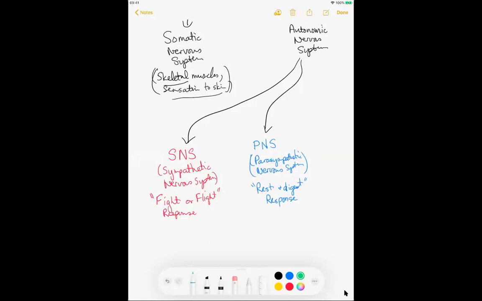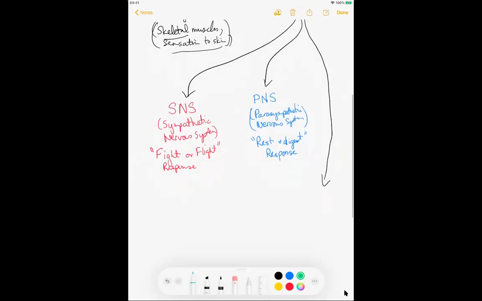Well, there's a third arm of this autonomic nervous system. And this third arm of the autonomic nervous system is the enteric nervous system. And this enteric nervous system controls GI function. Interestingly enough, the enteric nervous system can actually work on its own, and it doesn't need any external input whatsoever.